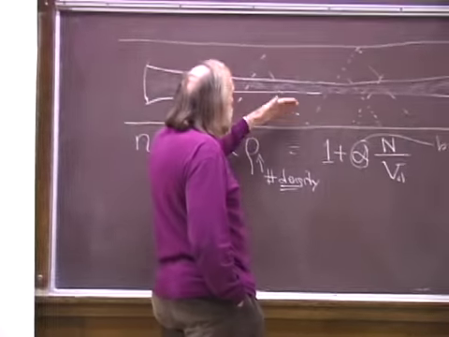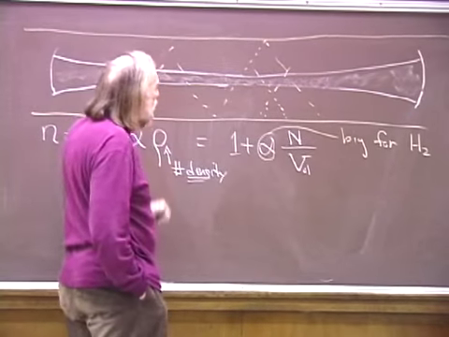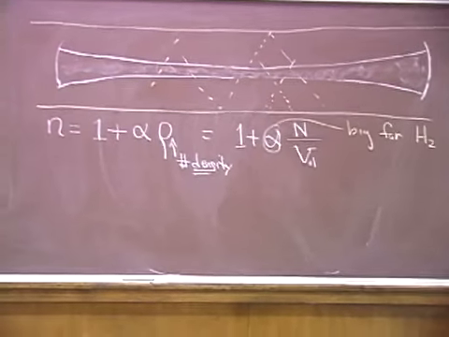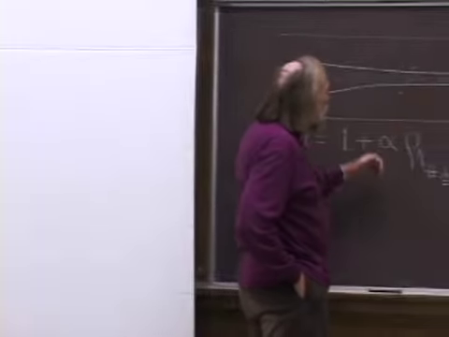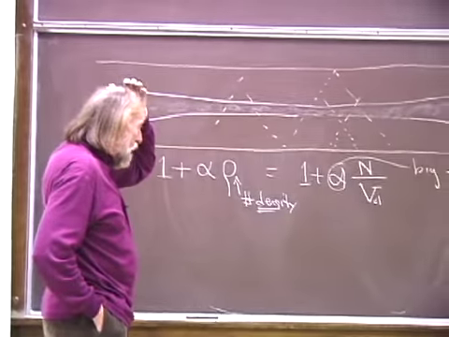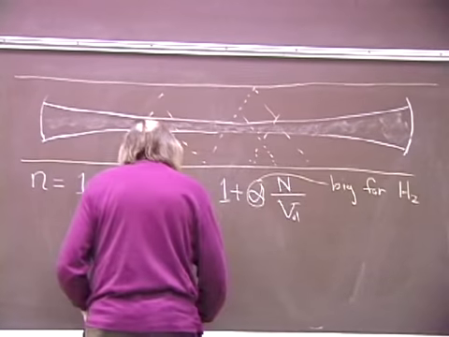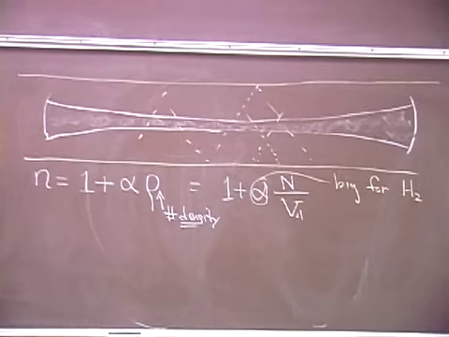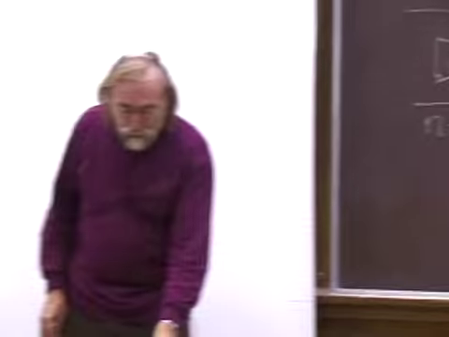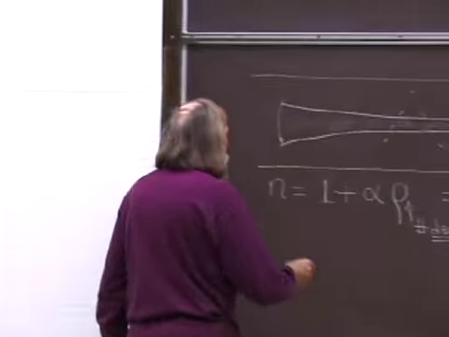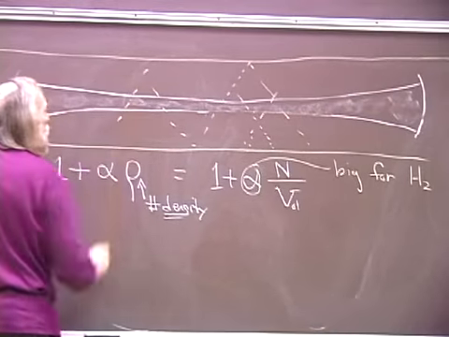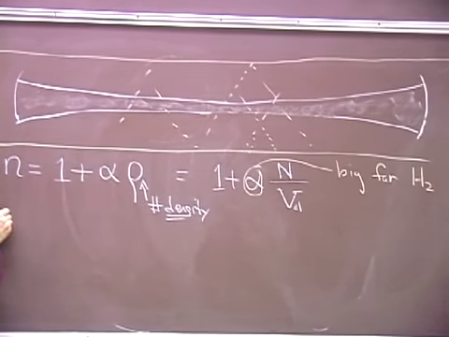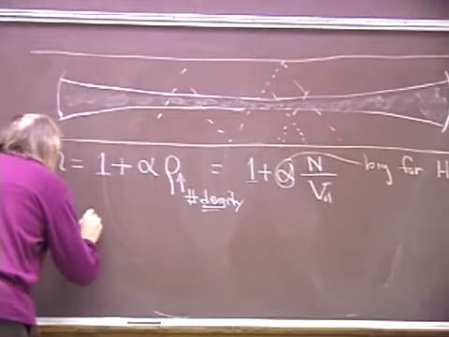And so LIGO worked together with the steel industry to develop improved steel with lower hydrogen content than normal steel. And that's what the beam tubes are made out of. But hydrogen remains the most worrisome issue. So let's assume that these are hydrogen molecules. Then an important issue is the amount of time that it takes for a hydrogen molecule to move through the light beam. Let's call that tau star, the time in the beam.